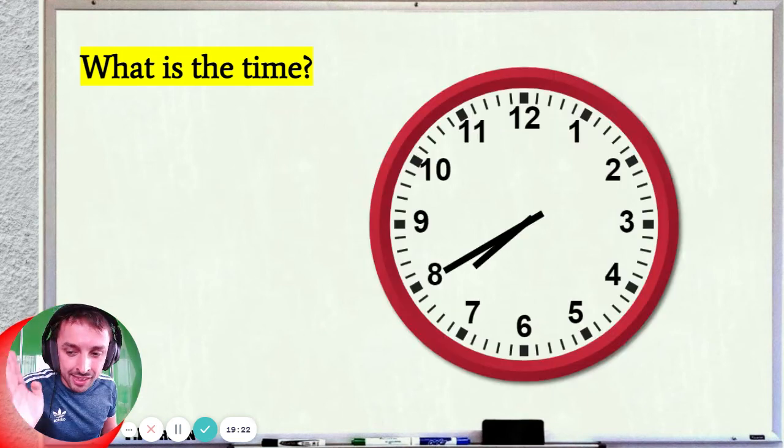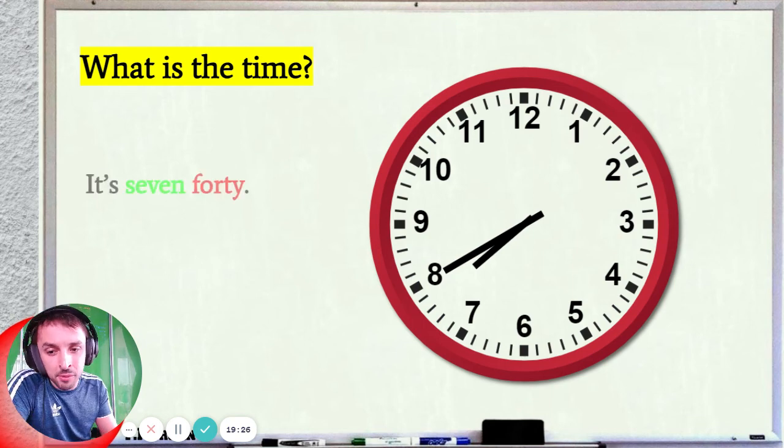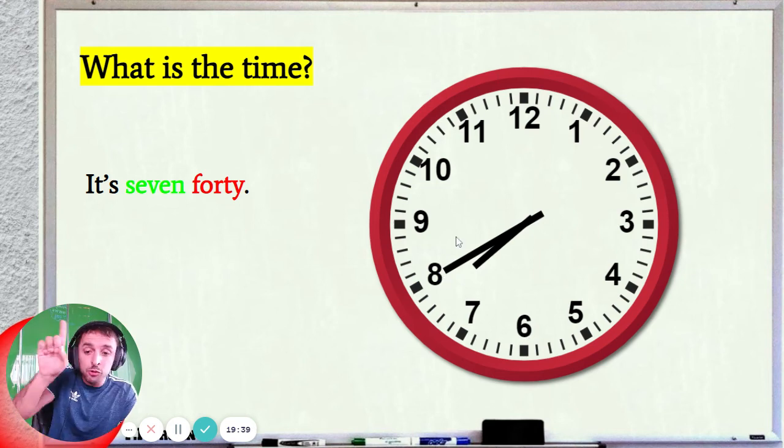Okay, what is the time? Okay, the easy one, it is 7:40. So we have here the small hand, so it's 7, the minutes, 40. What else can we say? Okay, so we're past 6. So we know we're going to the next hour. How many minutes until the next hour?